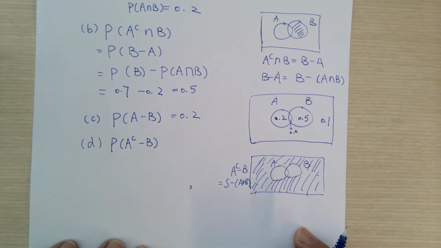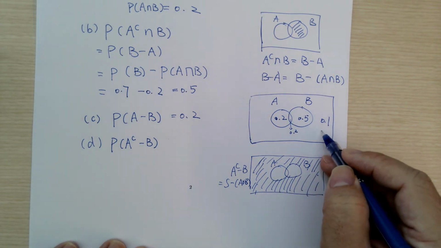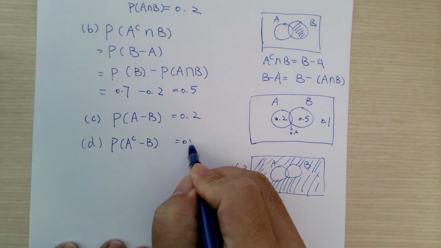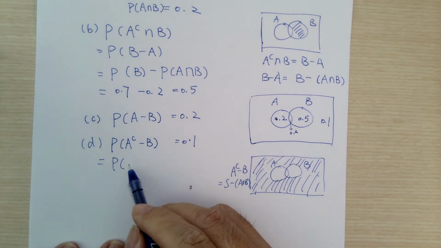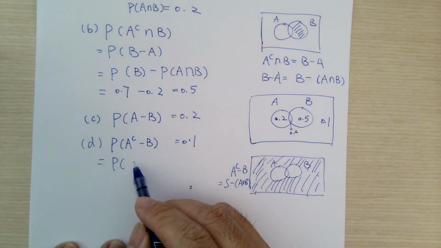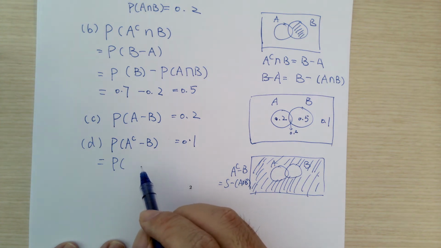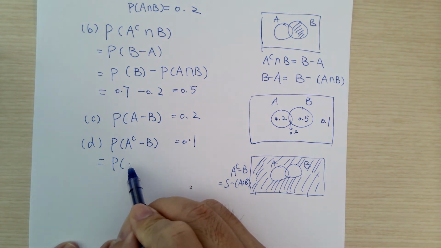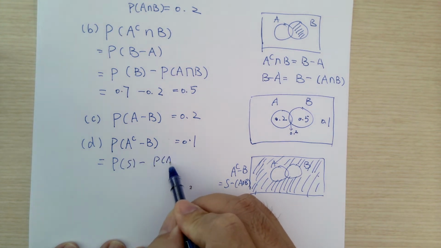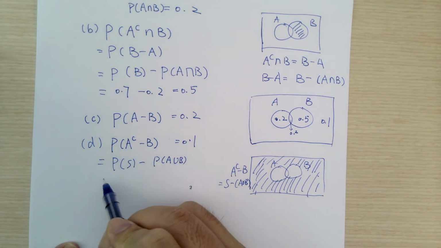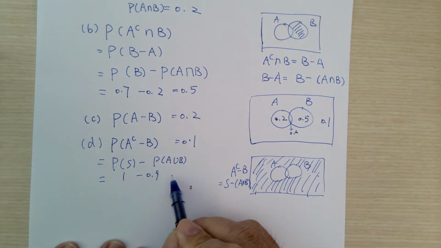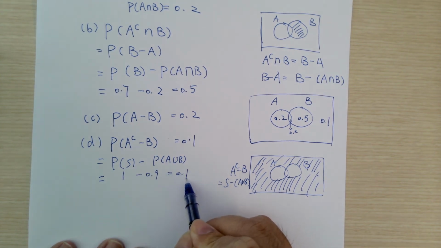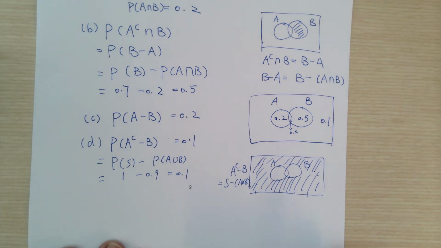Based on the readout, we can see that this equals 0.1. Of course, you can think about it as P(S) minus P(A union B), which is 1 minus 0.9, which also gives you 0.1. Okay, that's part D.